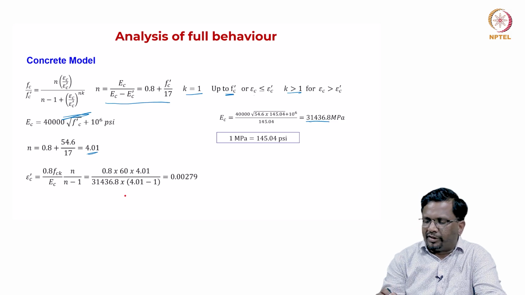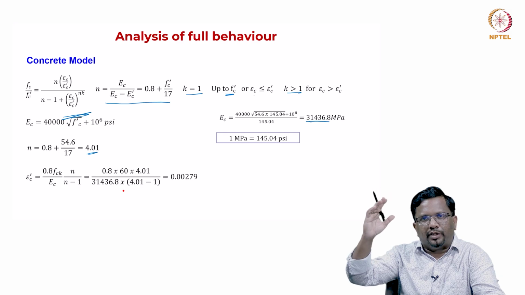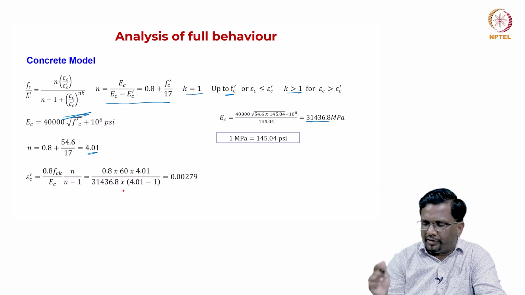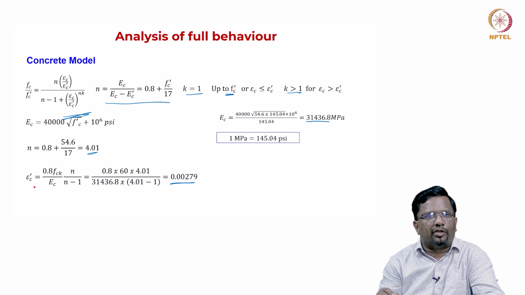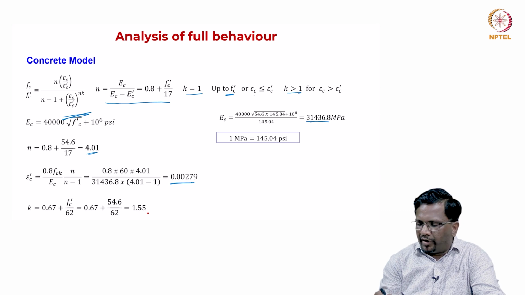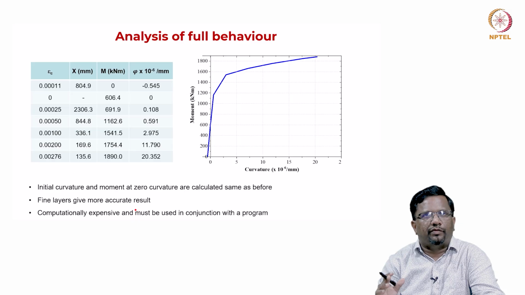Epsilon prime C is not constant 0.002, because we have seen that the higher the strength of concrete, the higher will be your epsilon prime C. So, that is why it has become 0.00279, again from the experimentally calibrated equation proposed by Thorenfeld. Then K value I can get 1.55.